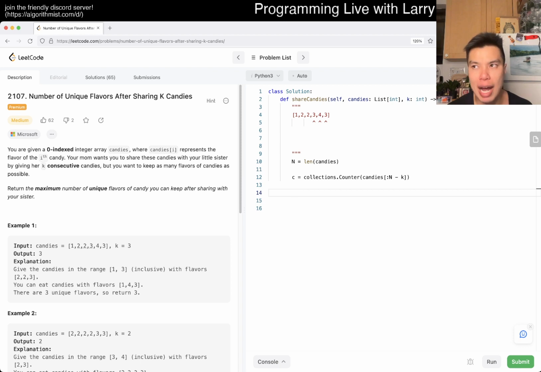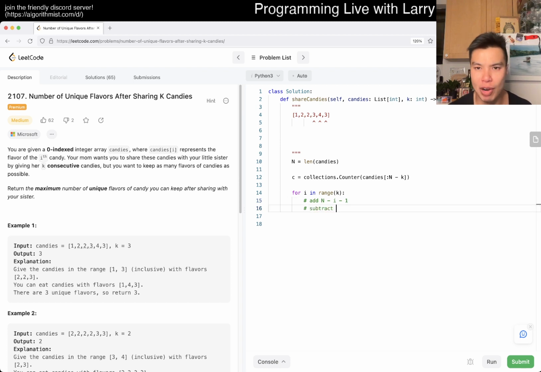And now, I think you could do maths on this, but now for i in range of k, right? You want to add n minus k, no, not n minus k, n minus i minus 1. So this is what you would add, oops, and then you want to subtract.